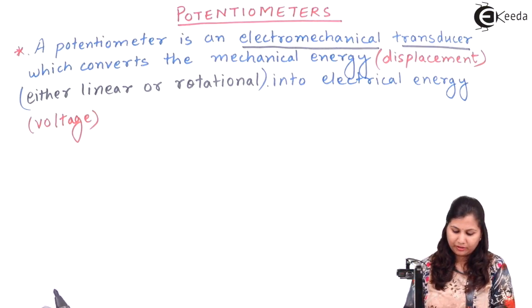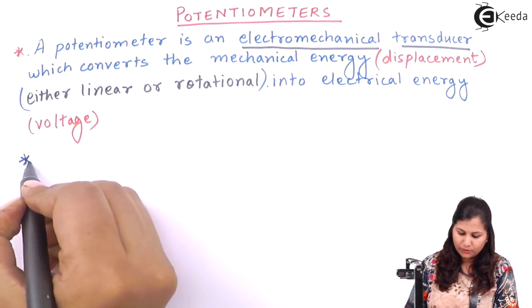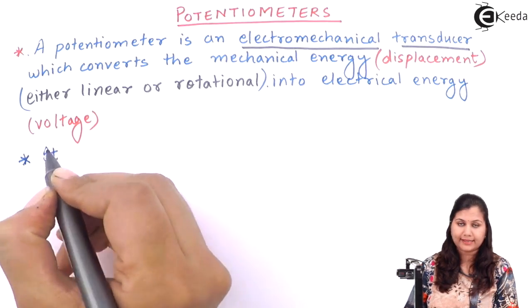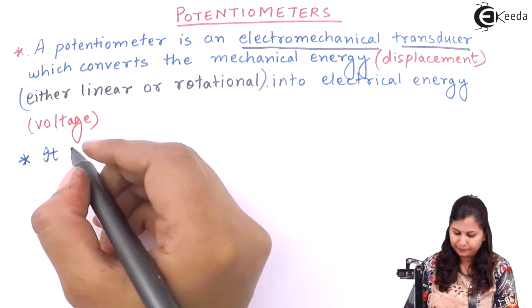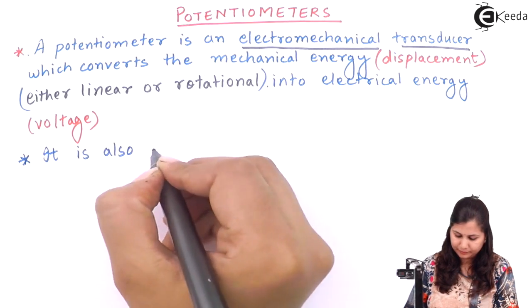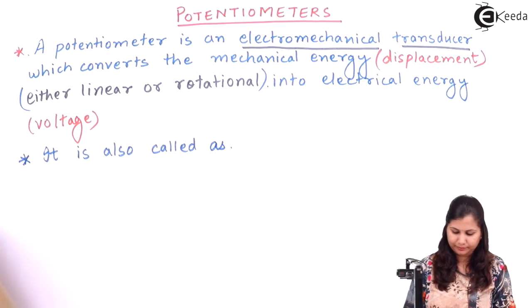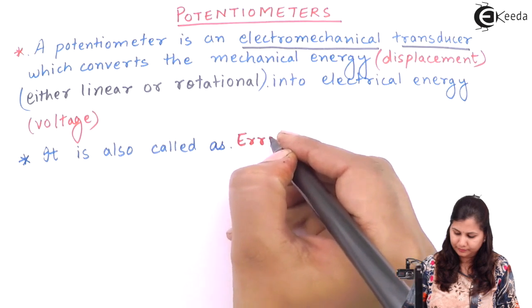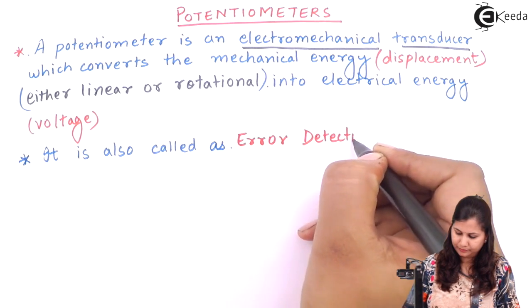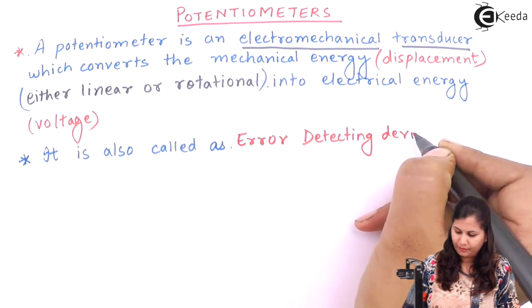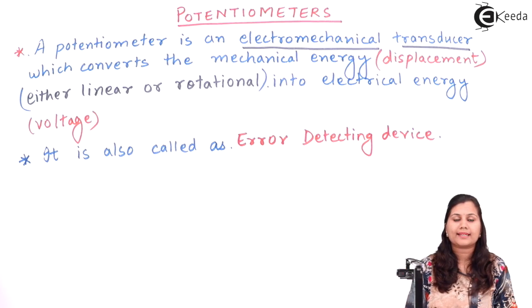A potentiometer is also called an error detecting device, because it is used as an error detector in control systems.